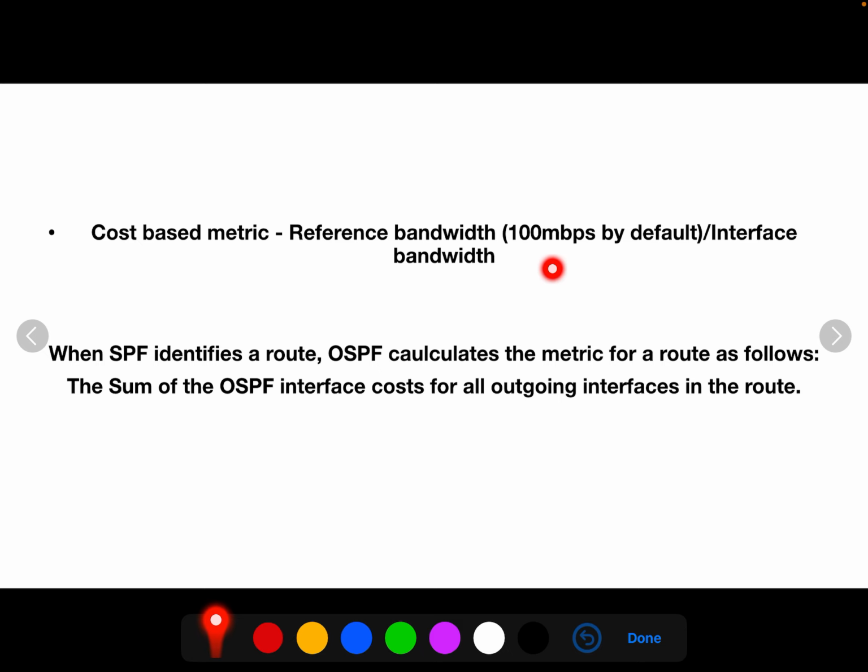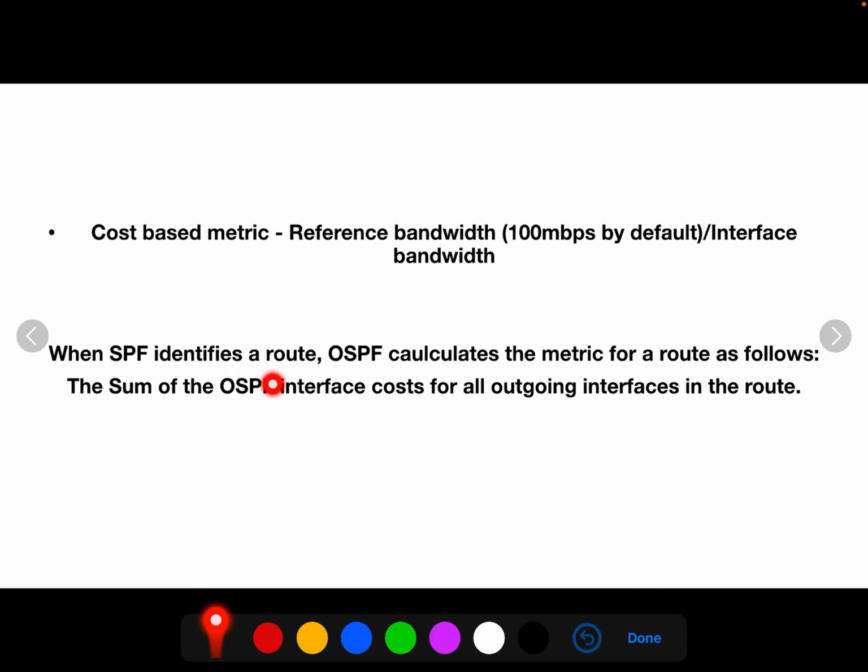So, for example, you've got a Fast Ethernet interface, so that has a cost of 10. Let's say you kept the reference bandwidth at 100 by default. So you've got 100 divided by 10, that's a cost of 10. So that's an example there.